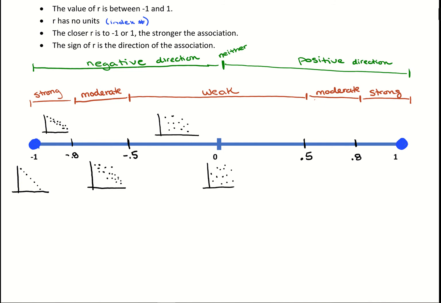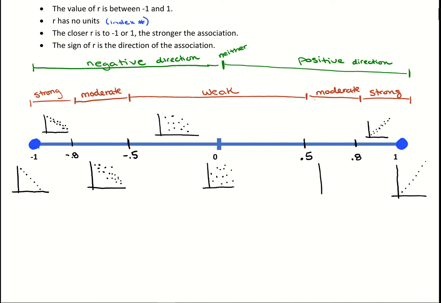Then when we get to the right-hand side, that's where our positive trend is. So let's actually jump out to R equals positive 1. That would be the same scenario that we're seeing with negative 1, except now we'd have a positive slope. So our dots would line up completely perfectly in a line with an increasing trend. Then 0.8 to positive 1 will have a little more scatter to it, but a very strong line should be appearing in the data.